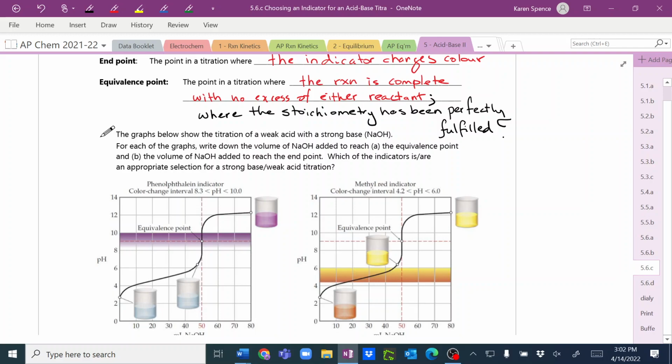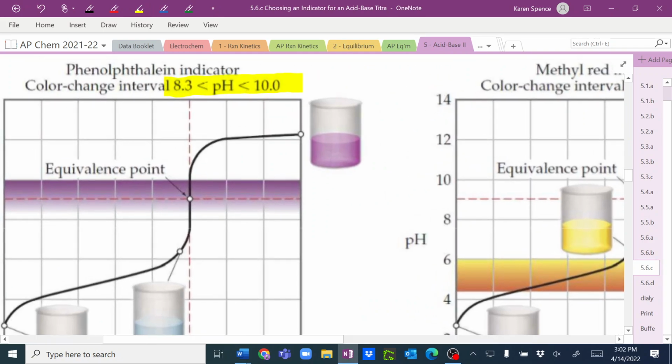Okay, and then we have, which of these indicators would be good? I think that's pretty obvious, isn't it? Phenolphthalein definitely works because phenolphthalein changes from 8.3 to 10, and that is right nicely where the equivalence point is.